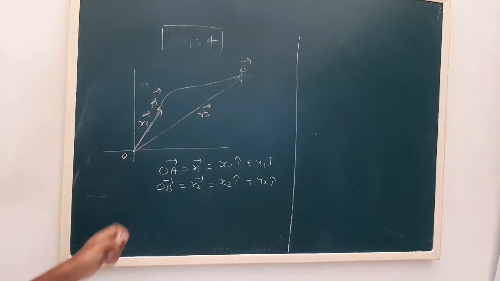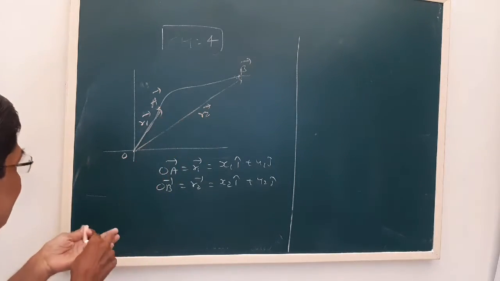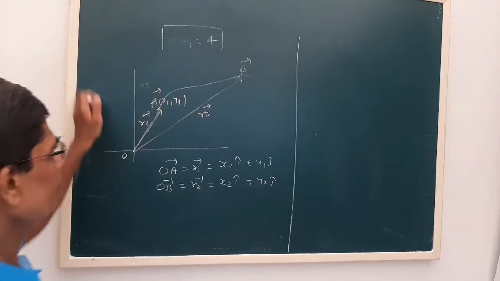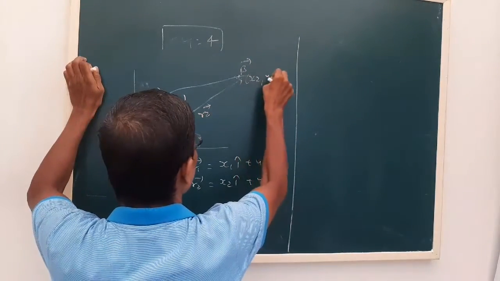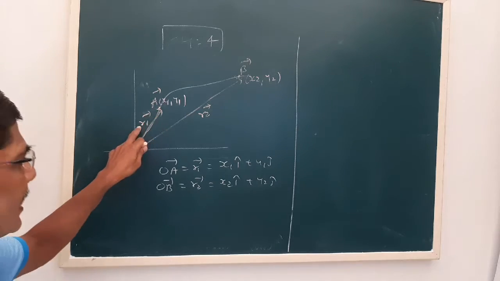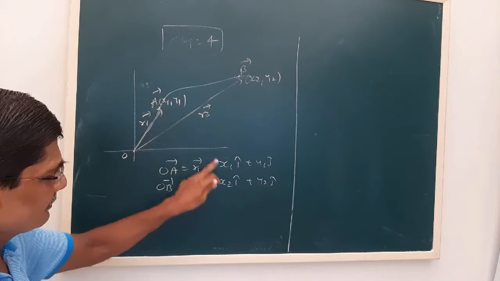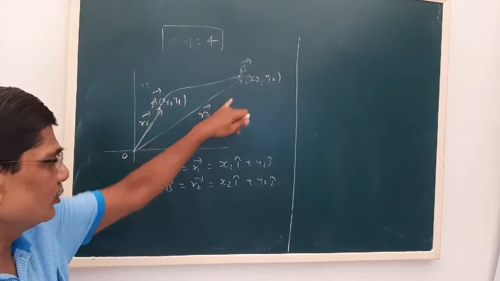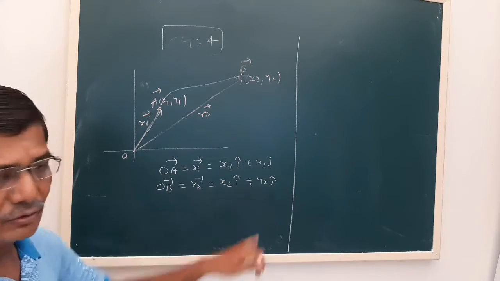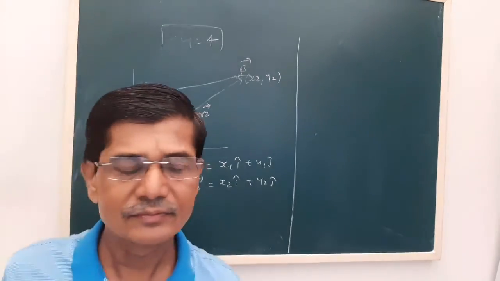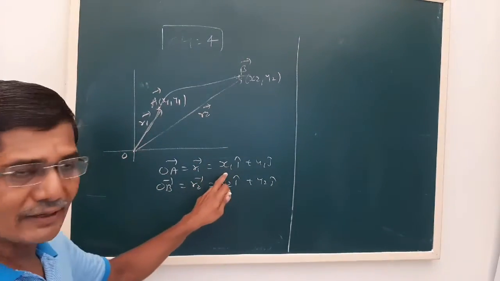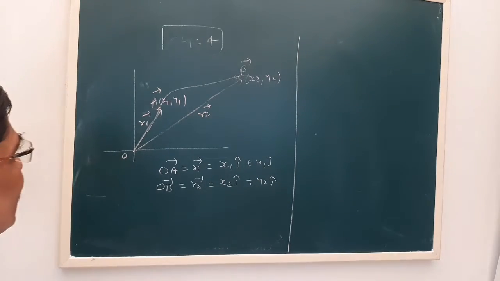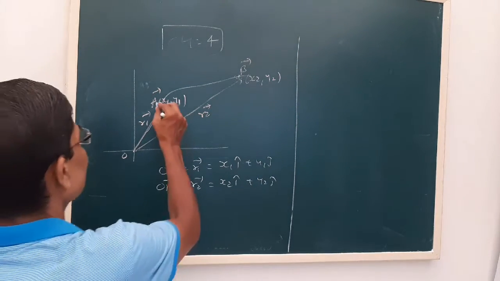See here, what are the coordinates of A? There is x1, y1, that is our Cartesian coordinate system, and B coordinate is x2, y2. So vector R1 we have represented in terms of x1 and y1, that is x1 i caret, y1 j caret. Similarly, final position R2 is x2 i plus y2 j. Now we are familiar that i caret is a unit vector in the x direction, j caret is a unit vector in y direction. Now the displacement vector, that is delta r.